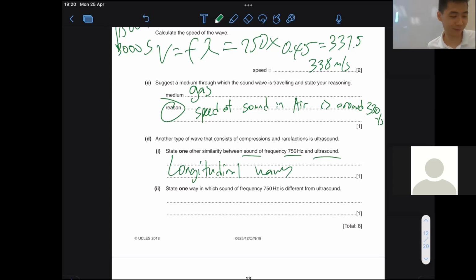Obviously, it's okay, you could say frequency is not the same, but the more exact answer is one is audible and one is non-audible, because ultrasound is beyond 20,000 hertz. Or if you don't want to use the word audible, you could just say one can be heard or one cannot be heard.